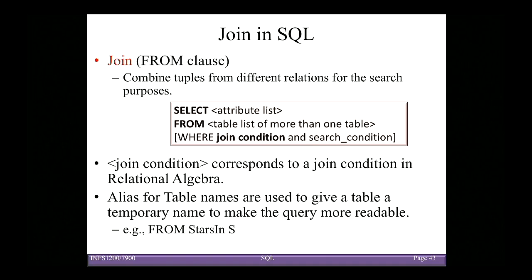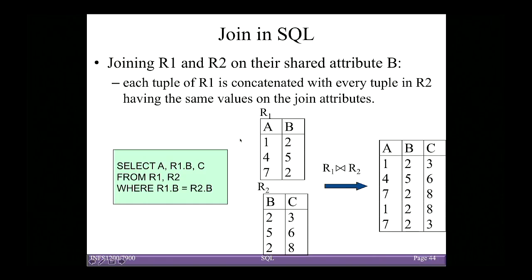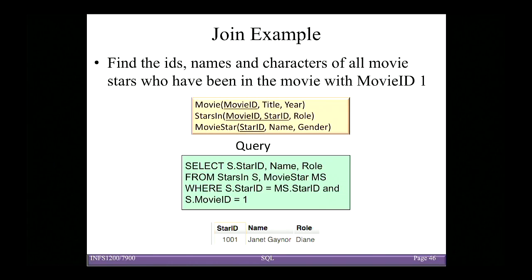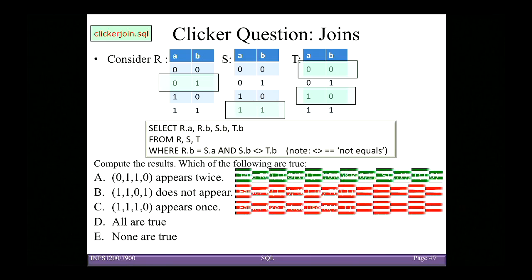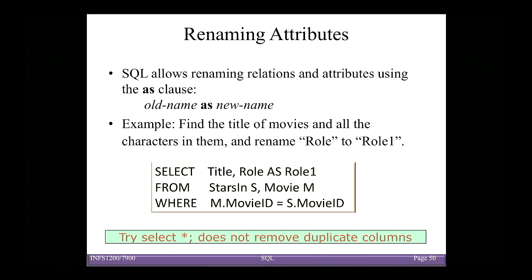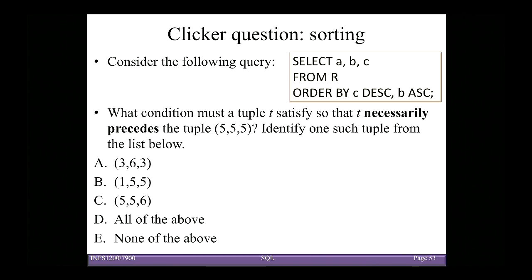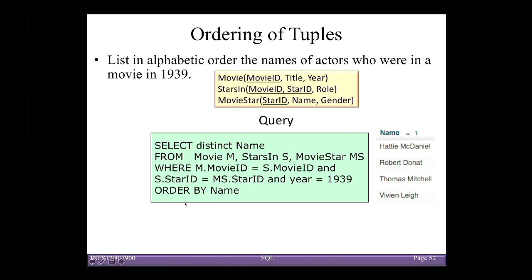We talked about joins, which allow you to take information from multiple tables and join it together in the from part, and then you have some join conditions in your where part. We talked about renaming attributes, and we talked about ordering tuples where you can do order by.